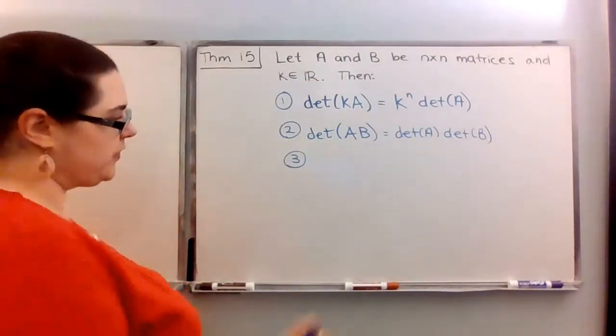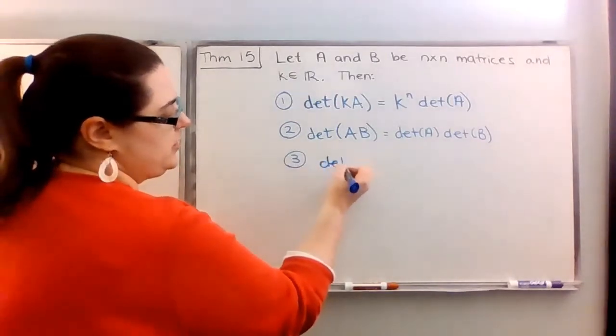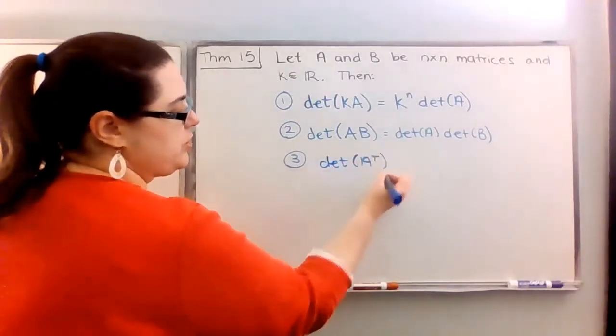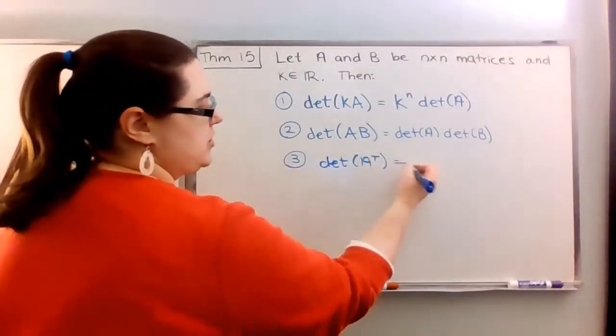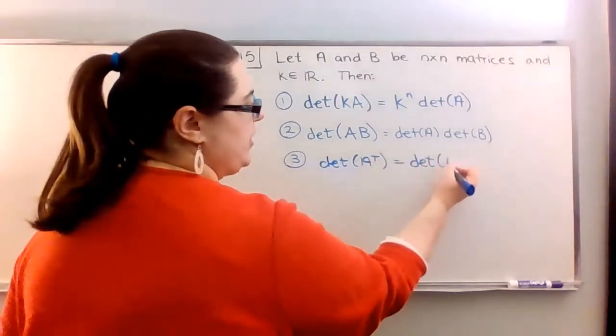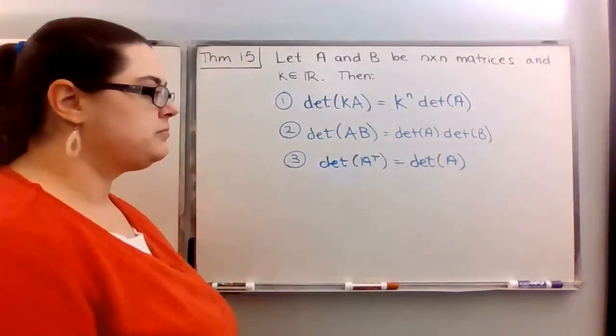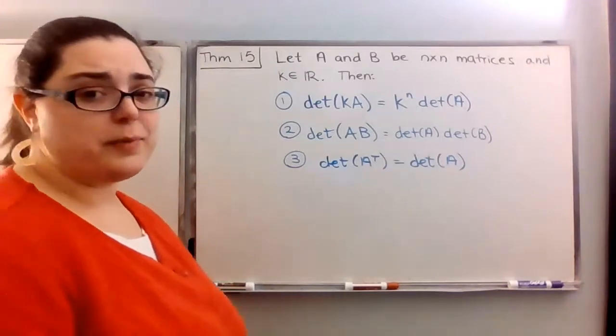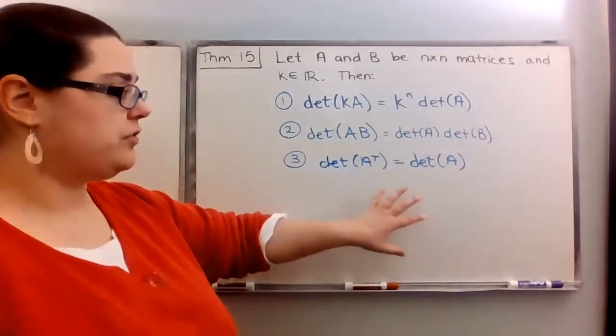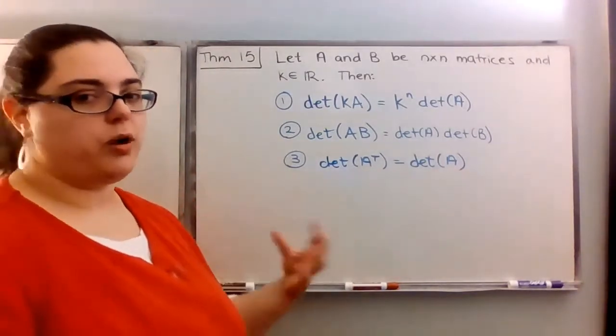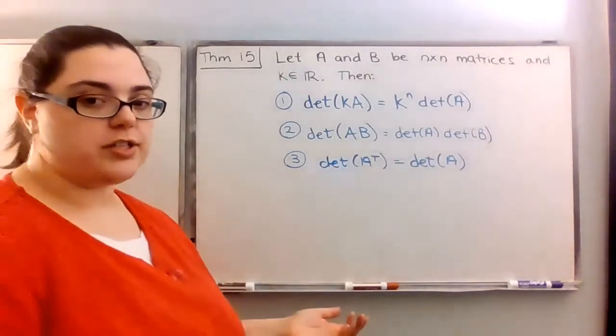Number 3, if I'd like to find the determinant of the transpose of a matrix, why, that's just the same as the determinant of the matrix. And this kind of makes sense based off of our definition for determinant, because we can go along a row or a column with our cofactor expansion.